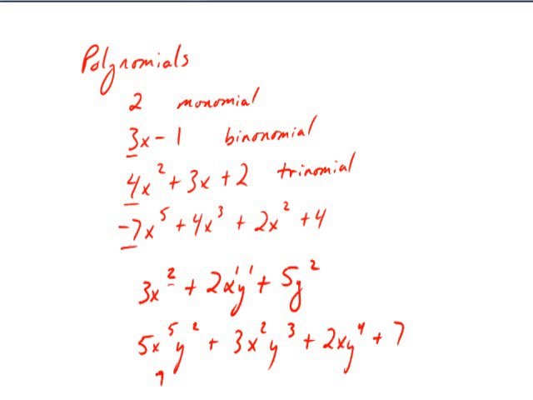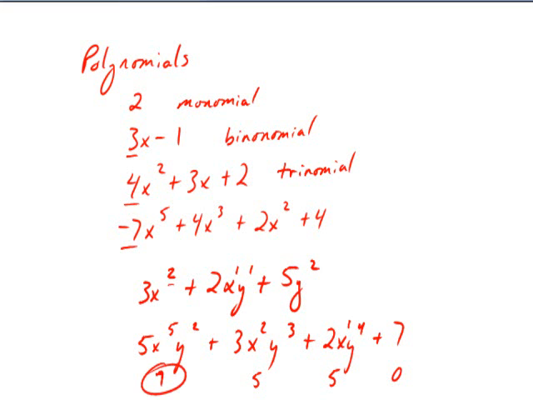The second term has a degree of 5 because of the sum of 2 plus 3. The third term has a degree of 5 because of the sum of 1 and 4. And the last term has a degree of 0 because it could be written as 7x to the 0 power. It's a constant term. The degree of the entire polynomial is 7 because that's the highest of any one of those degrees.